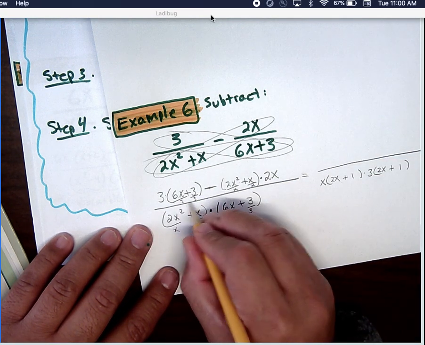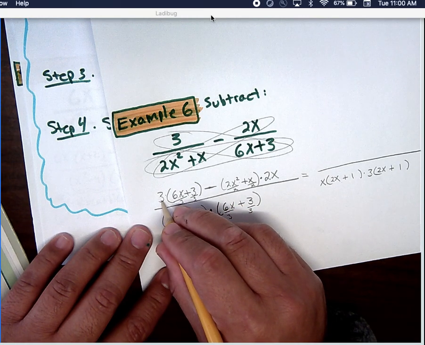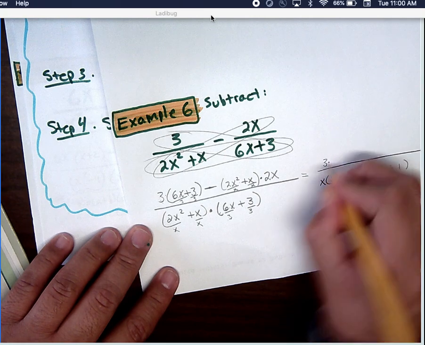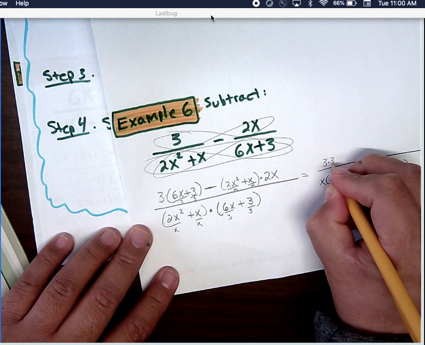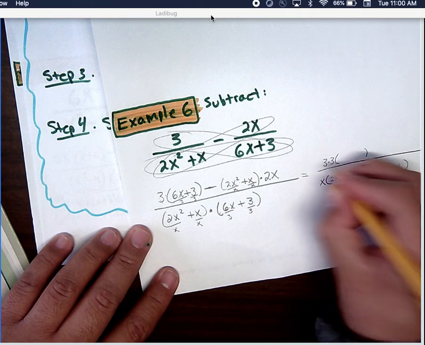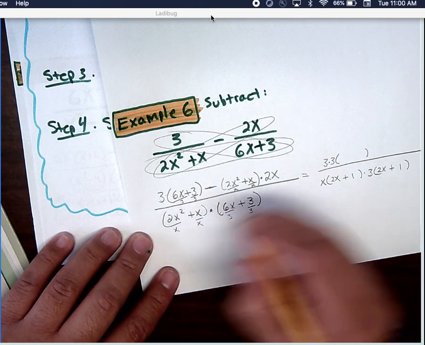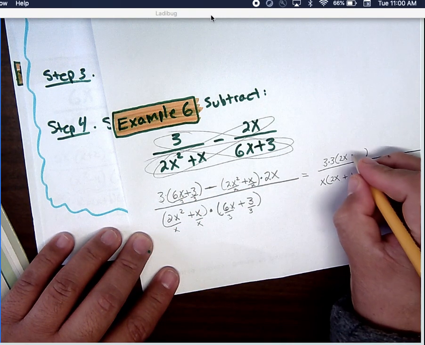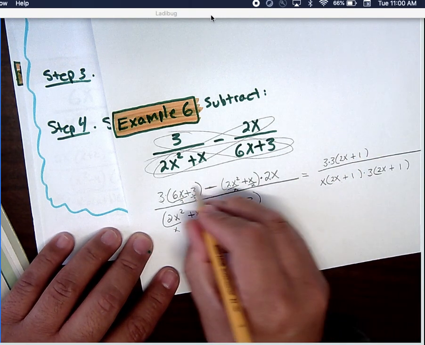So we have a 3, and this 3 is already on the outside. So we can have a 3 times that GCF 3, and then on the inside, I'm going to leave it like that. I'll simplify later. 6 over 3 would be 2, and then the x. 3 over 3 would be plus 1.